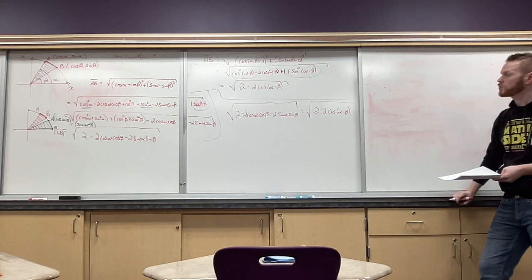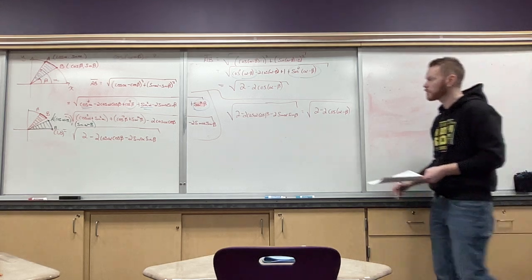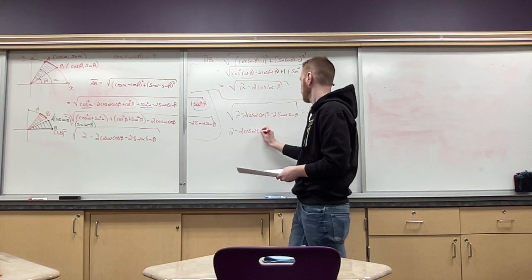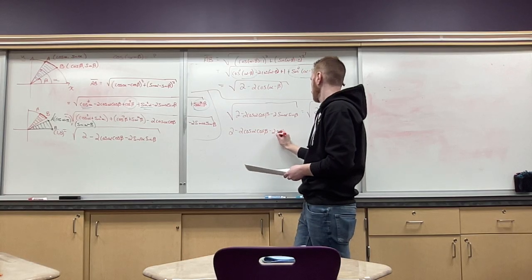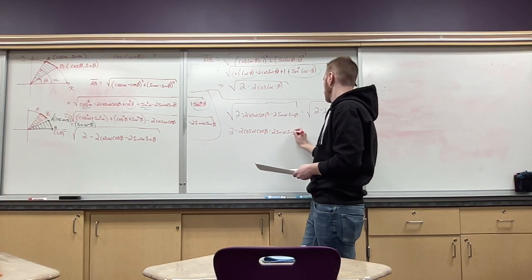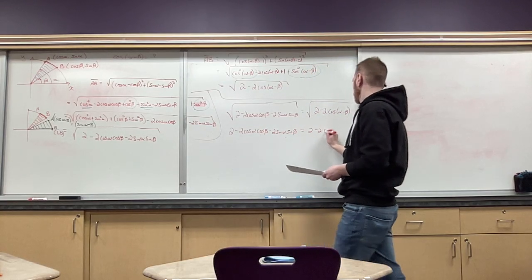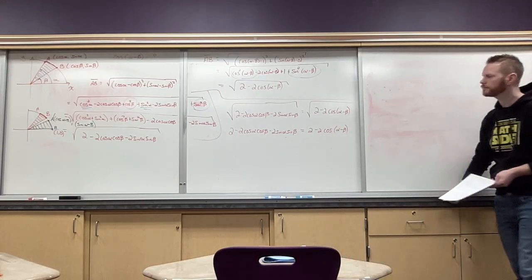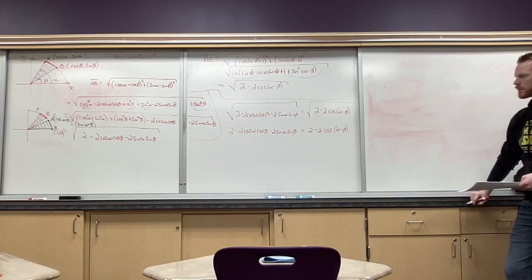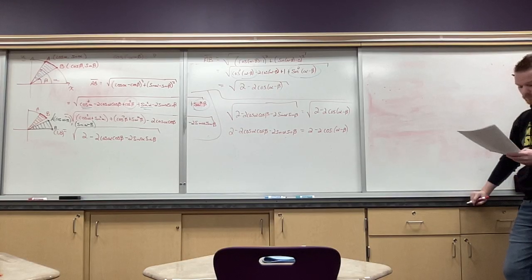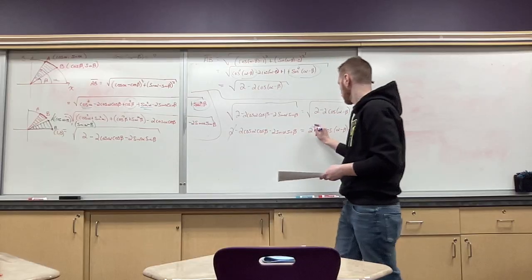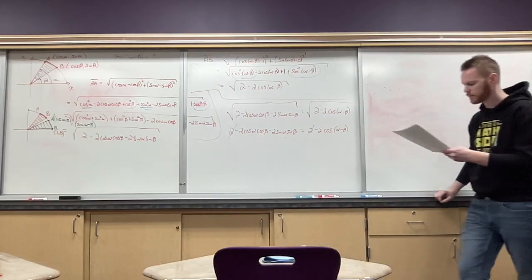Okay, so we could square both sides, get rid of the square root part. First step, just get rid of the square root. Okay, second step, I could see that these 2 are gone. They're going to reduce out.